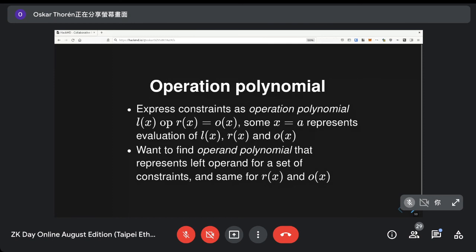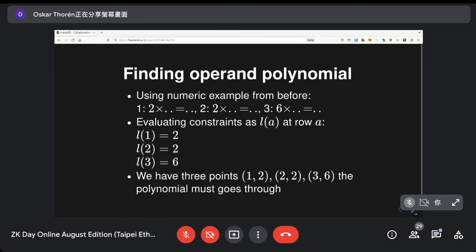So a more concrete example here. Going back to the previous numerical example, we have a left operand, operation, right operand, and output. We can look at these constraints as rows. The first row has 2 in the left position, the second row also has 2, and the third row has 6.